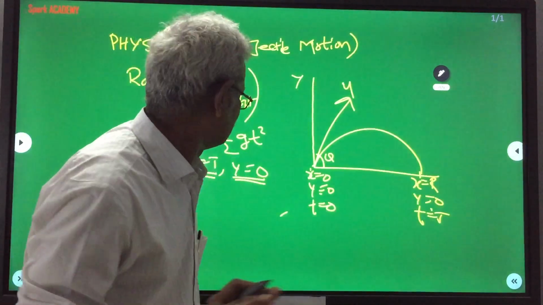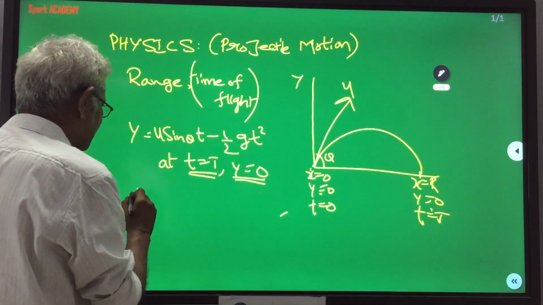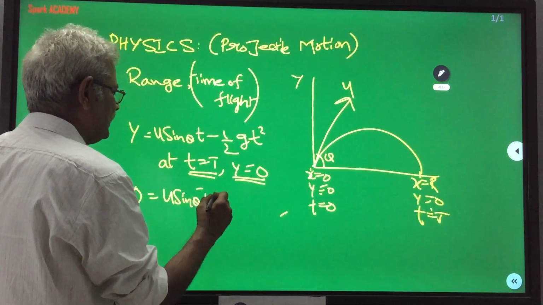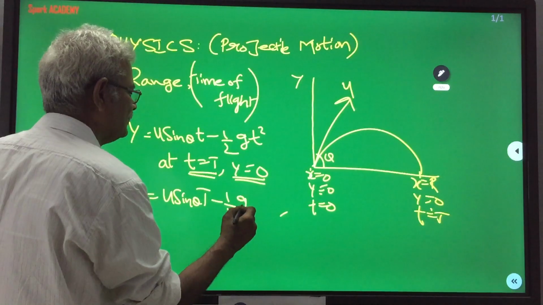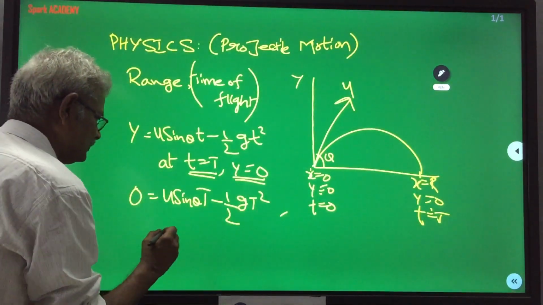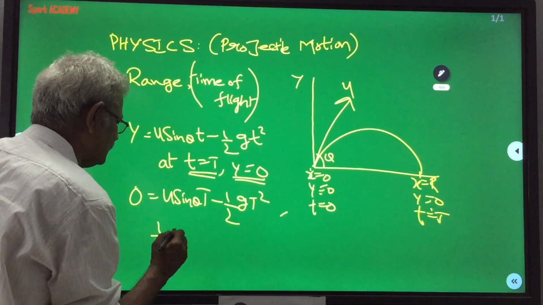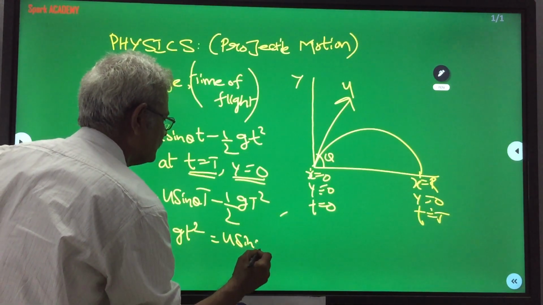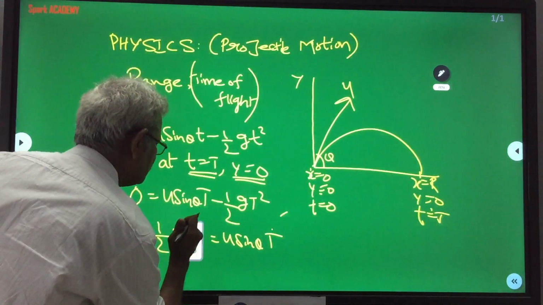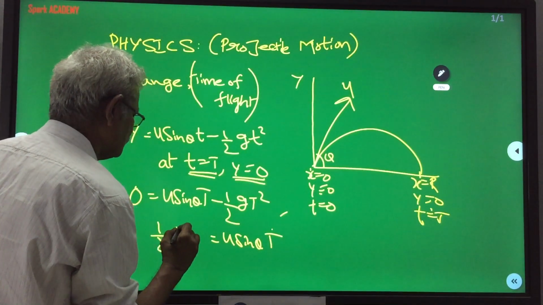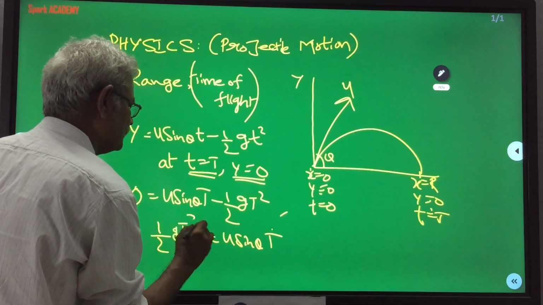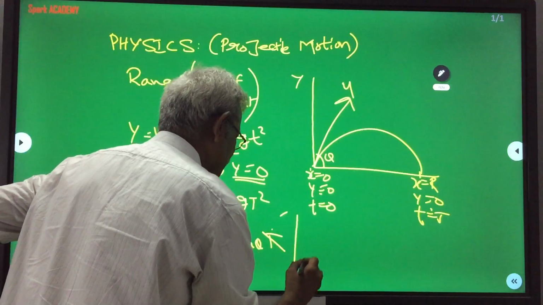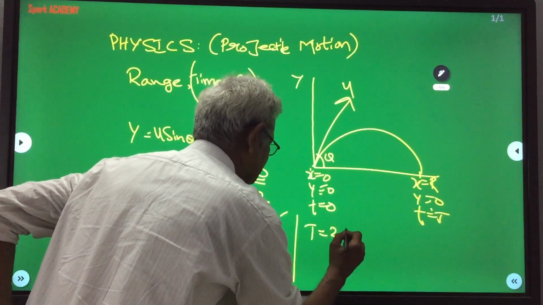So t is equal to capital T, so that means y is equal to 0: u sin theta into t minus half g t square. So taking this half, what will we get? t is equal to 2u sin theta by g.